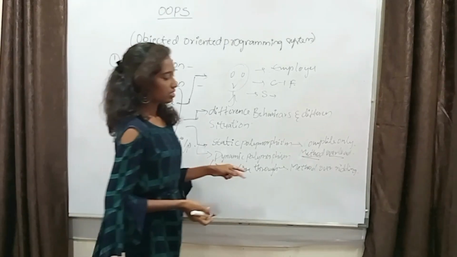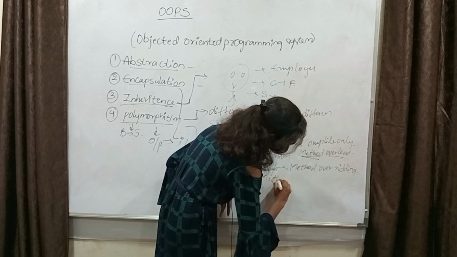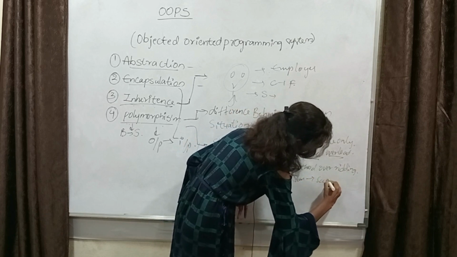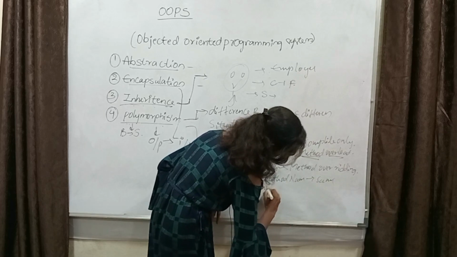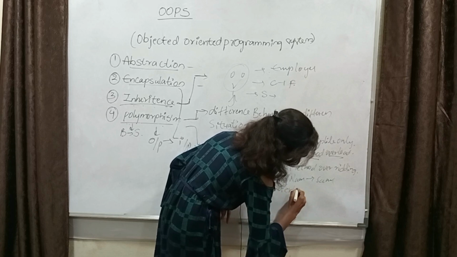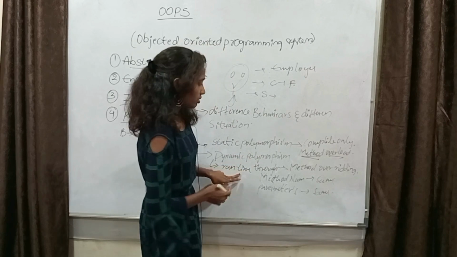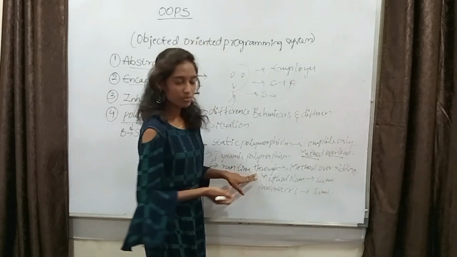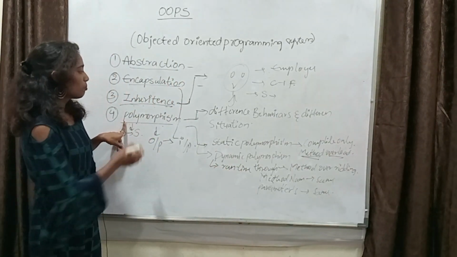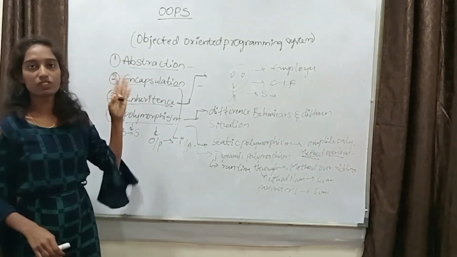Method overriding means the method name should be the same and the parameters also the same. This is about polymorphism. Okay, thank you. This is all about OOPS concept.